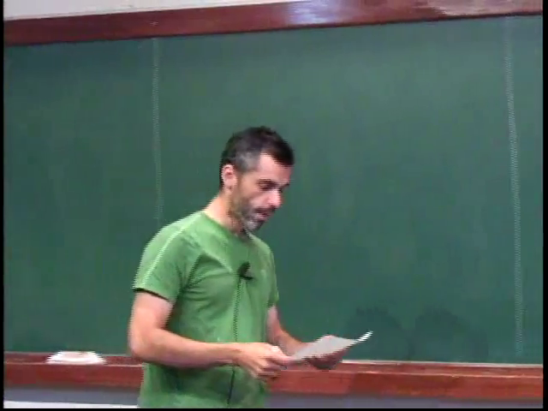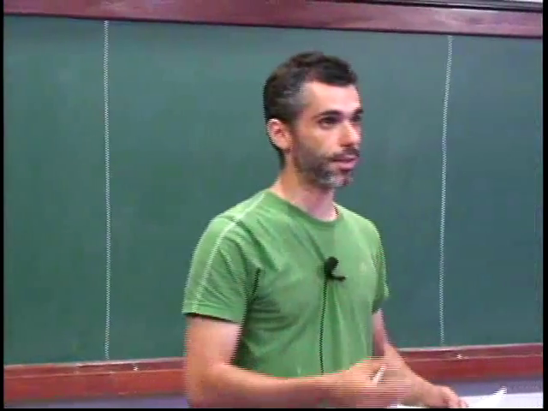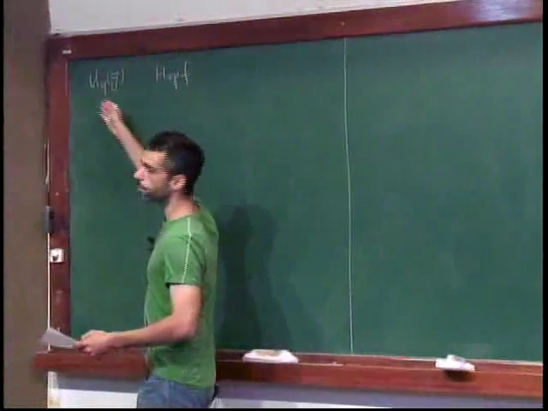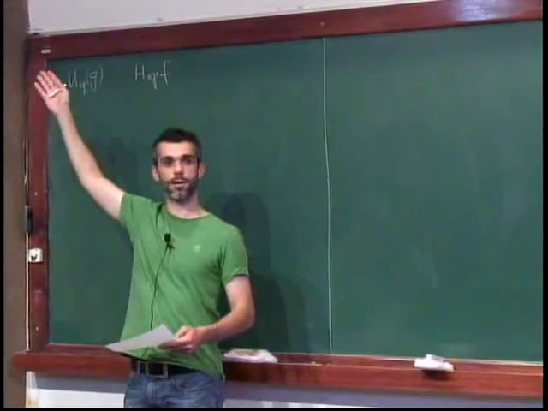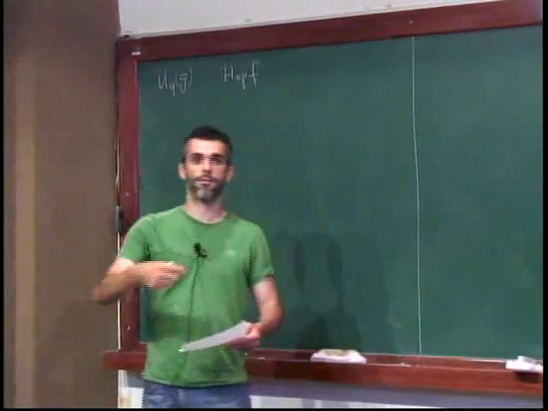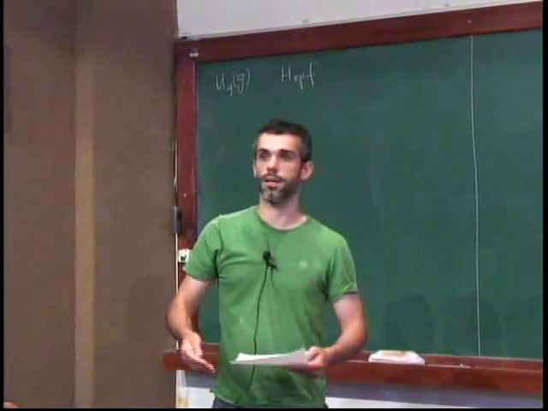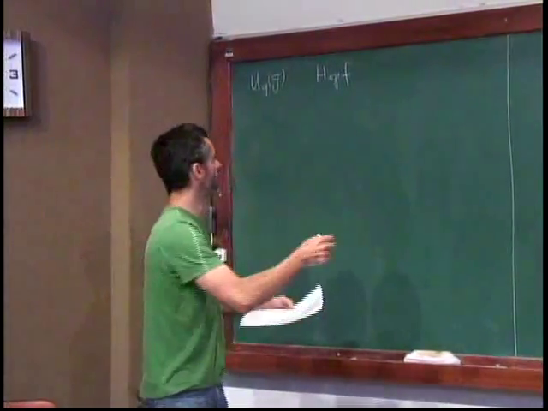And the structure that I'm going to be focusing on for this lecture is the R matrix, which exists. Well, you first need to construct the R matrix when Q is not a root of unity, and then you need to worry a little bit further to see what happens if I set Q to be equal to a root of unity. And it's good to do things in that order.